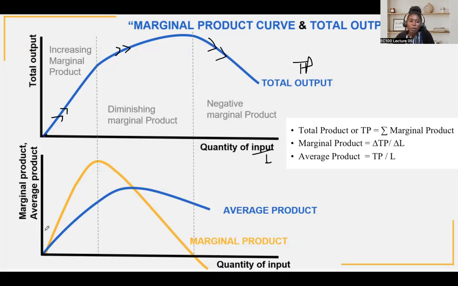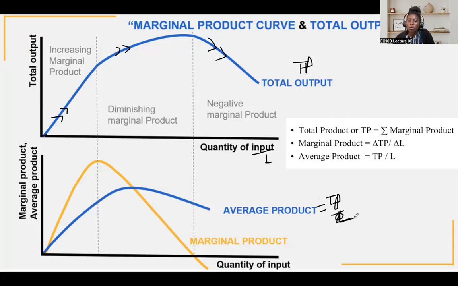So this is our marginal product, and this is the corresponding average product. Average product is the total product divided by the units of labor. It's here, per unit of labor.